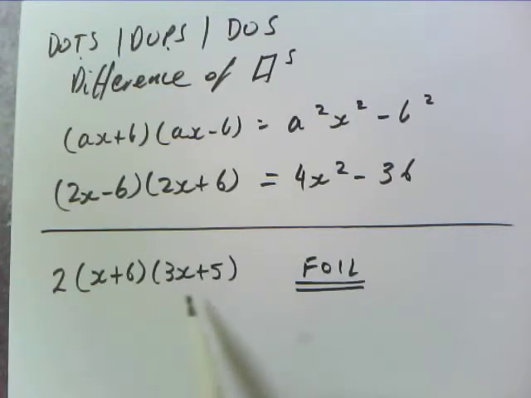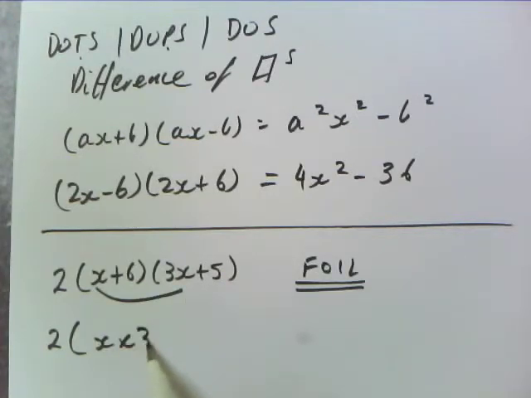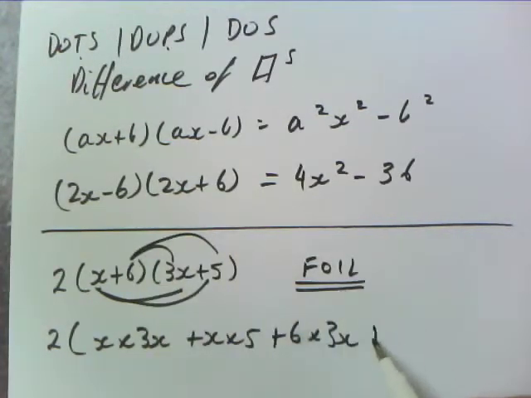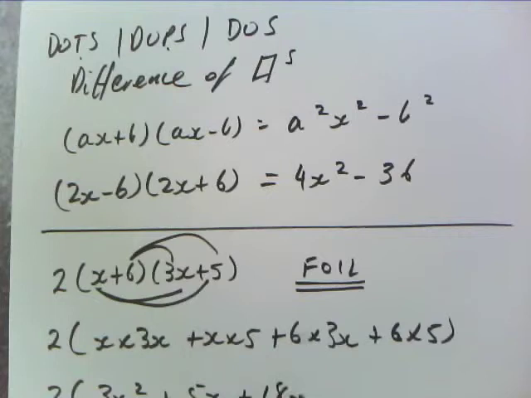So we expand our brackets first, so we'll leave the 2 out. x times 3x plus x times 5 plus 6 times 3x plus 6 times 5.